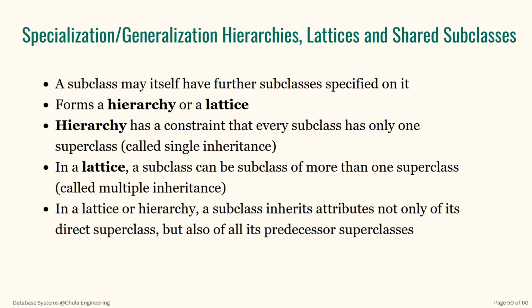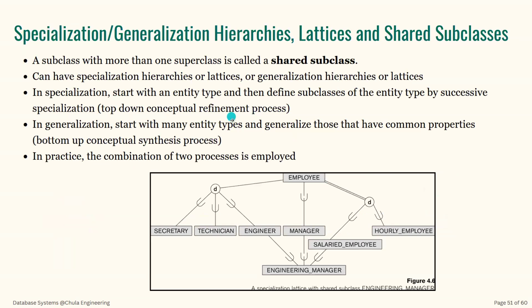We call it a lattice. All right. But in either one, whether a lattice or hierarchy, the subclass inherits attributes not only of its direct superclass, but also of its predecessor superclasses. If it becomes nested or in many hierarchy, it would inherit the attributes from everyone above it.